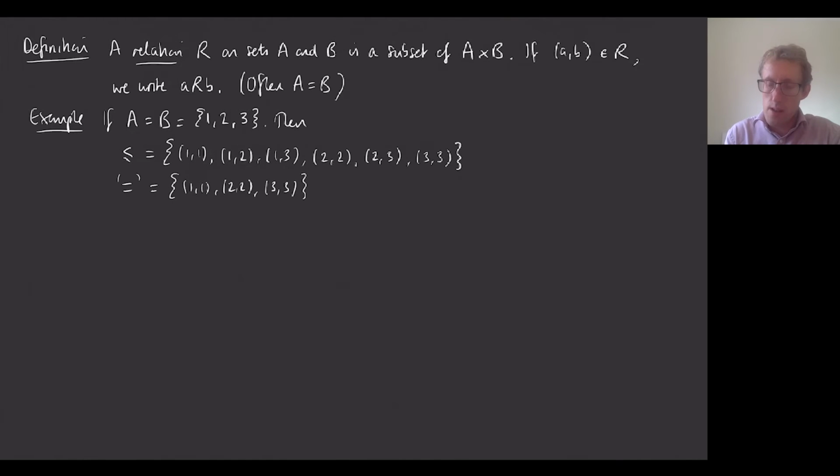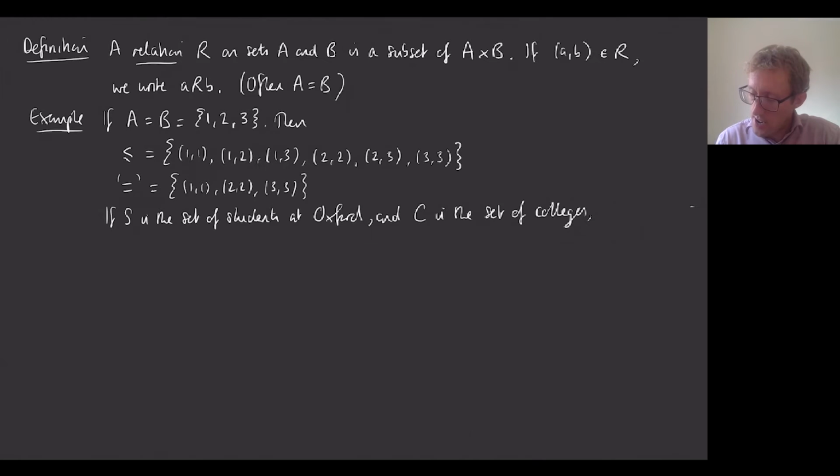Okay, let me give you an example where the sets A and B are not the same. So let's suppose that S is the set of students at Oxford, and C is the set of colleges.